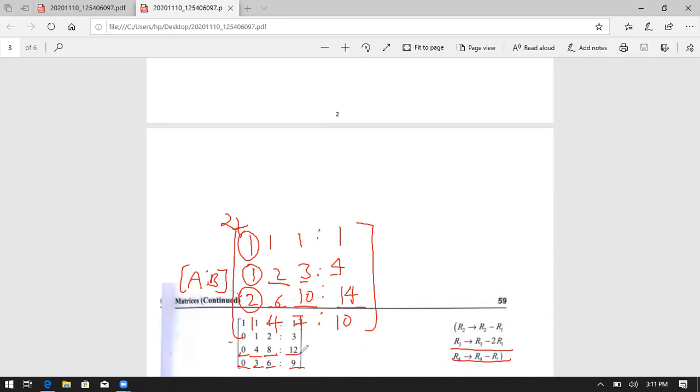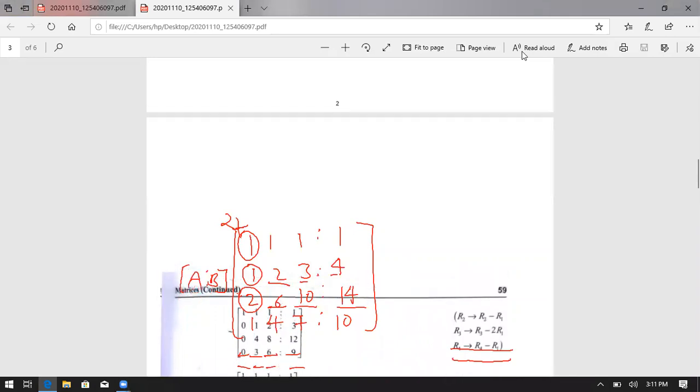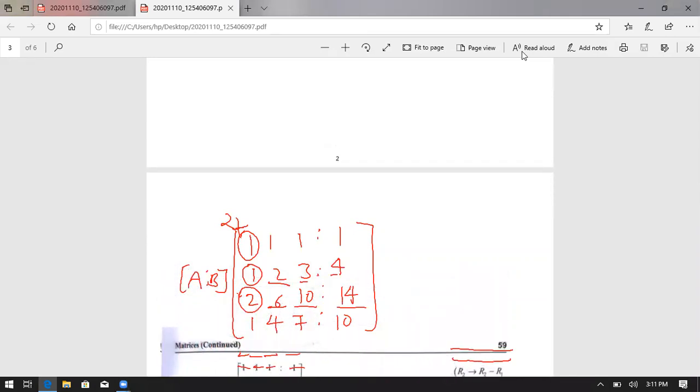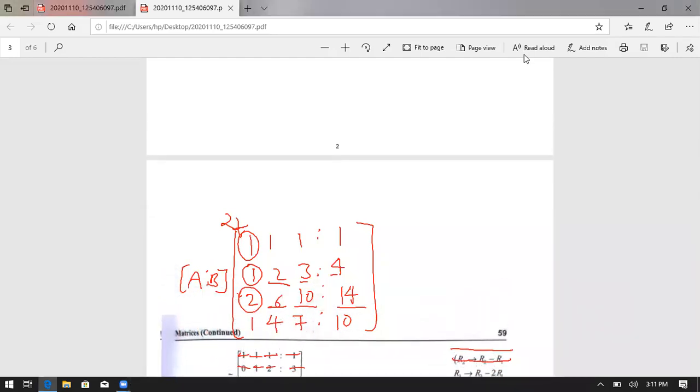Next we come to the fourth one, that is R4. R4 is equal to R4 minus R1. R4 is 1 here. R4 minus R1, 1 minus 1 is 0.